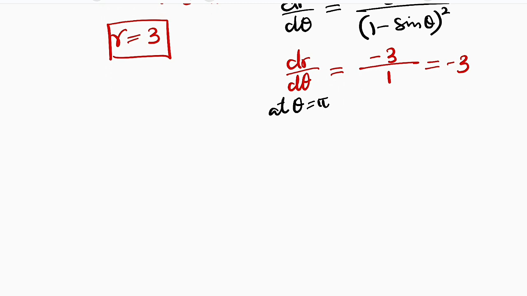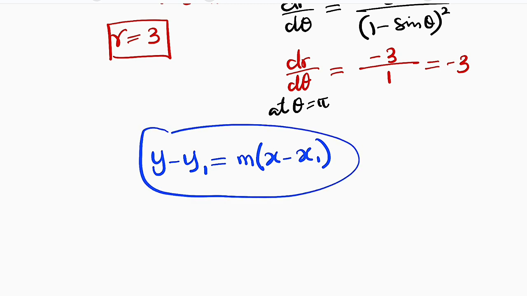So what can you remember about the equation of a tangent? Remember, the equation of a tangent is also the equation of a line. In point slope form, we can write it as y minus y1 equal to m, which is the derivative at that point, times x minus x1. This is in rectangular coordinates.